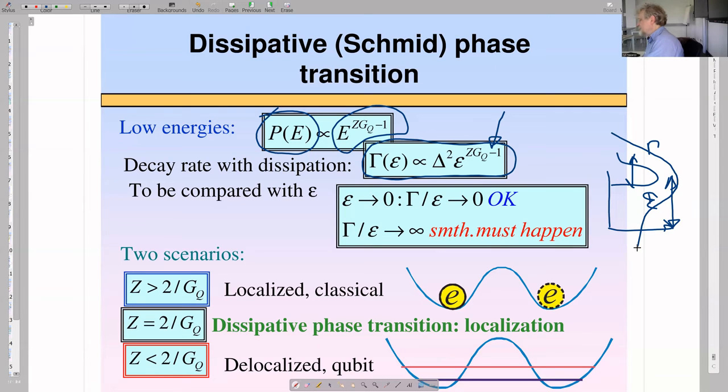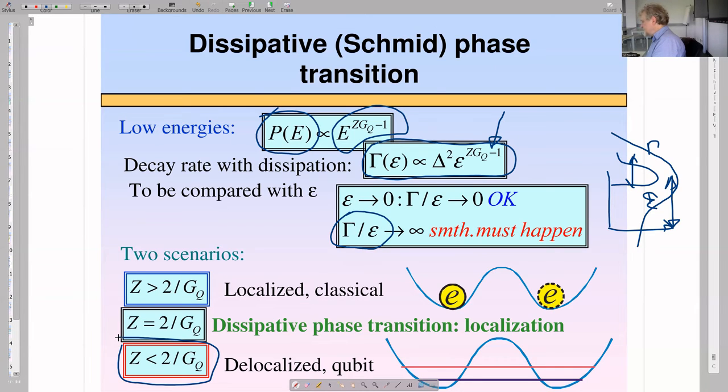Good. So we will encounter, in fact, two scenarios. Depending on the ratio between gamma and epsilon at low energy, this ratio is either 0 or infinity. That defines the transition. At values of impedance which are lower than the transition threshold, we have a qubit.